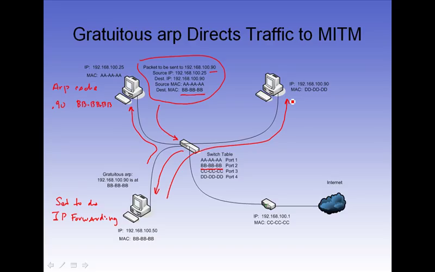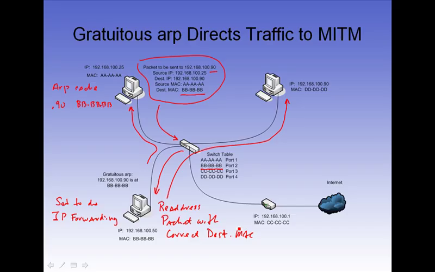So let's put this down here. Readdress packet with the correct destination MAC and send it back out. So the original destination computer is going to get the packet.